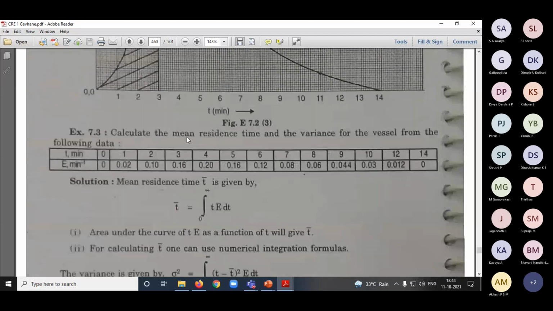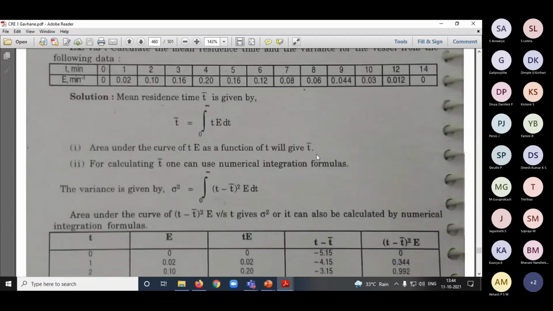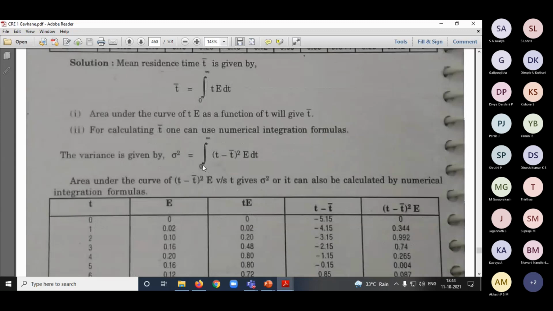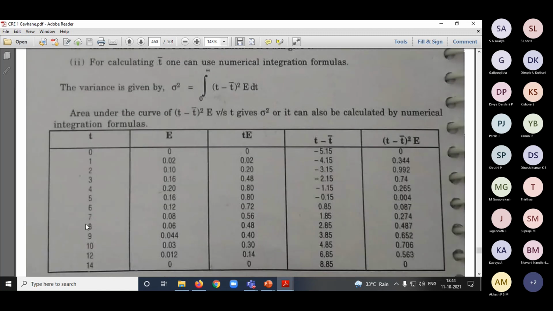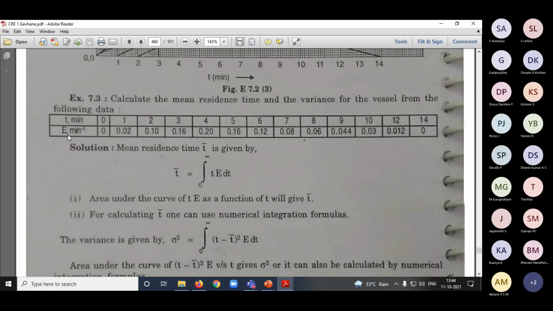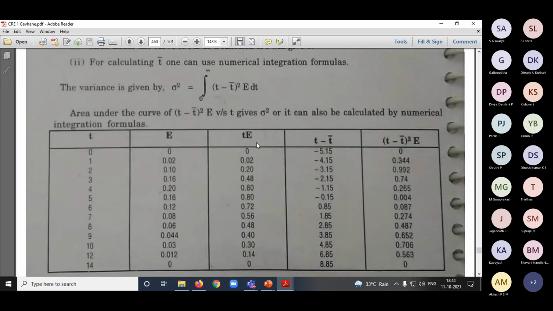He is asking you to calculate mean residence time and variance. What is variance? Just now, the variance is this: integral 0 to infinite (t - t bar) square E dt. So you have to calculate t bar. Now for that, t is there, E is there. That is what he is giving you, t and E. t into delta t, you put t into E, because t into E you have to calculate.